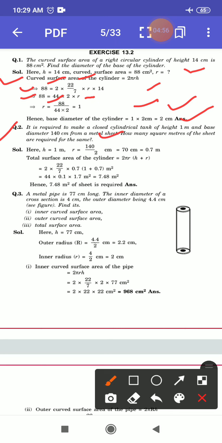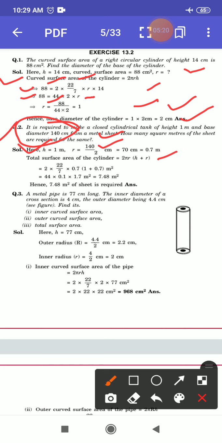Okay, so here you have the height and the diameter. Height is 1 meter and diameter is 14. When you have to find the radius, you divide the diameter by 2, and then you get the radius.